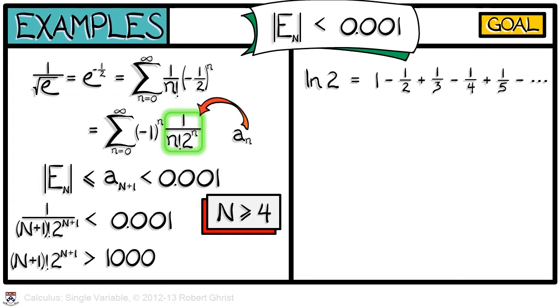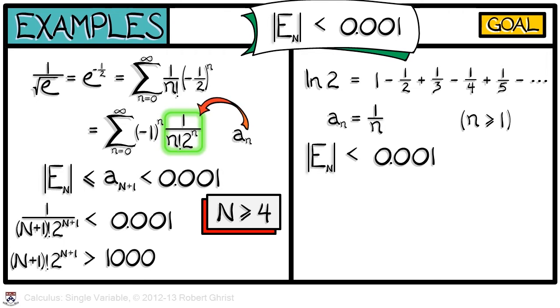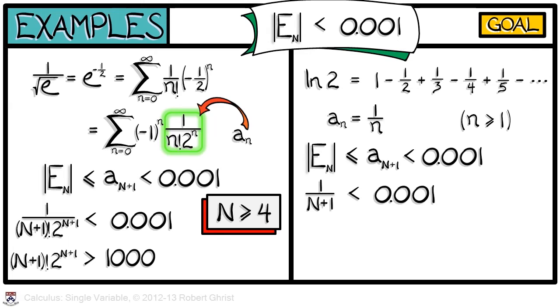But let's consider what it would take to approximate log of 2 using the alternating harmonic series. In this case, a sub n is 1 over n. In order to get the error less than 1/1000th, what do we need? Well, again, by the alternating series bound, we need a sub capital N plus 1 less than 1/1000th.